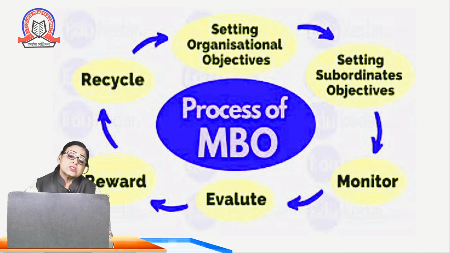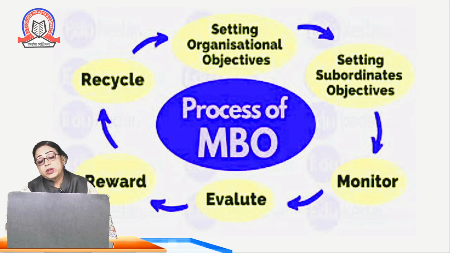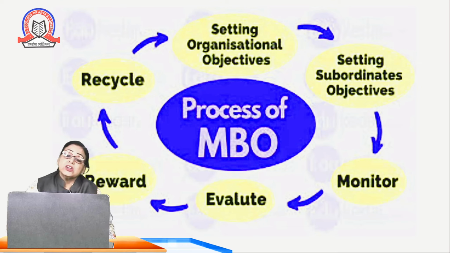After acceptance of objectives by the subordinates, there is a particular step called monitoring. Monitoring relates to keeping an eye over the objectives given to the employees: whether the employee is performing correctly or not, whether he has understood the manager's instructions or guidelines, or has been in touch with the team who has planned a particular thing.